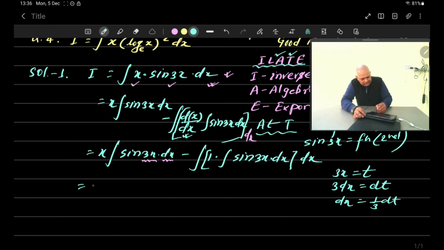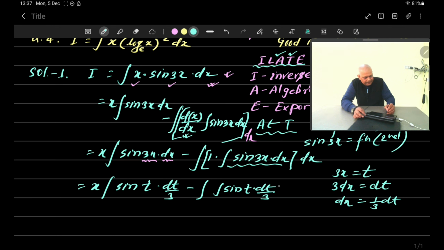Now you can write x integration sine t times dt upon 3 minus integration, the integration of sine 3x here can be written as sine t times dt upon 3, and once again the part of dx, and dx is nothing but dt upon 3.